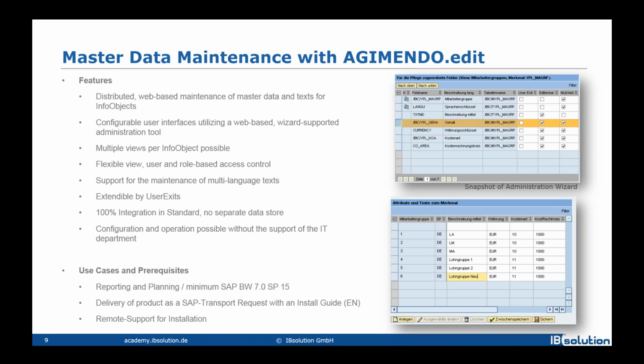The minimum required is that you use SAP BW 7.0 SP50, and you simply get from us a transport request that you have to import on your system. Then, following an install guide and a handbook provided as well, you'll be able to configure by yourself anything that you would like to see from your info objects.